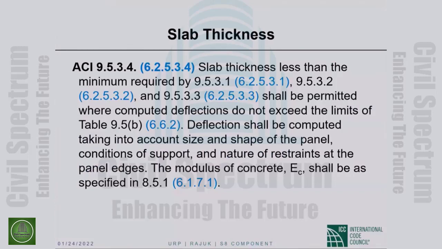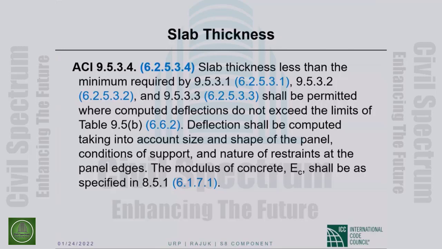So you can provide the minimum thickness as in the case of beams, or you can calculate deflections and show that the calculated deflections are within tolerable limits. There are short-term deflections and long-term deflections, as in the case of beams. The same long-term deflection multiplier applies.